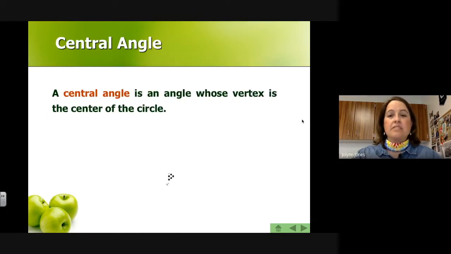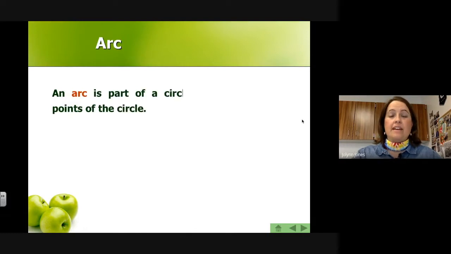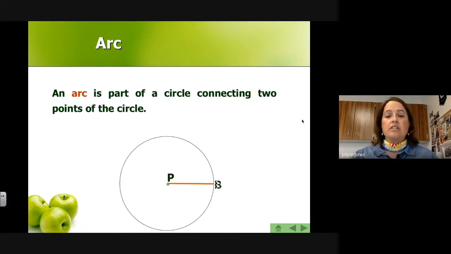Now we're going to talk about the central angle. We've used this before when we were talking about sectors. A central angle is an angle that's created at the center of the circle, using the two radii to make both sides of that angle. Now the arc, we've also talked about before. The arc is the intercepted piece of the circle, the piece of the circumference that is cut off by those two radii.